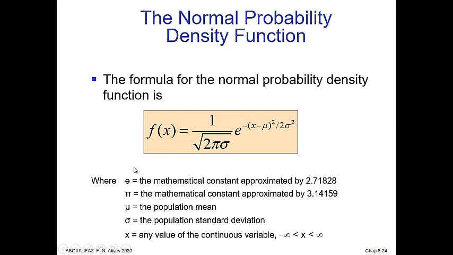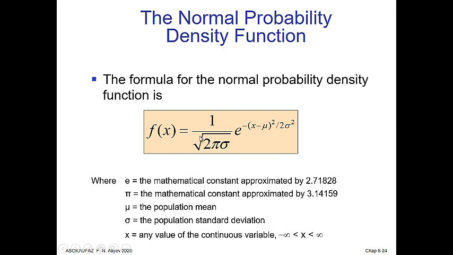The formula of the normal distribution is too complicated. It's even impossible to calculate the probability using simple methods. So for calculation, we will not use this formula. We will use a table, but it's better to understand where this table came from: the density function.